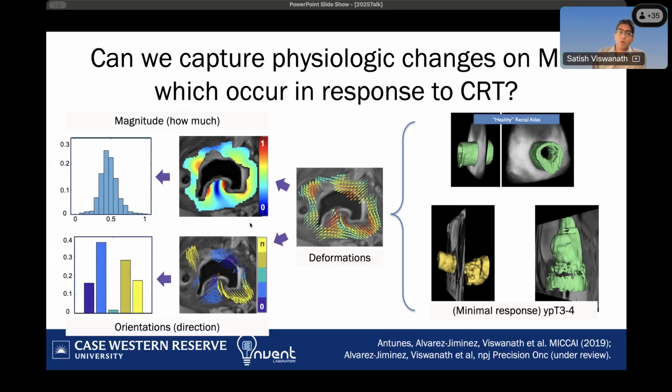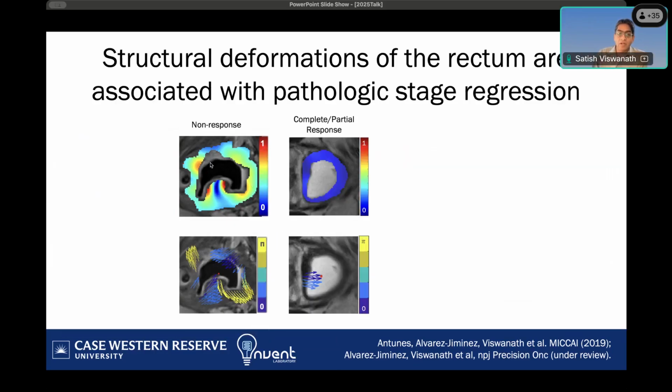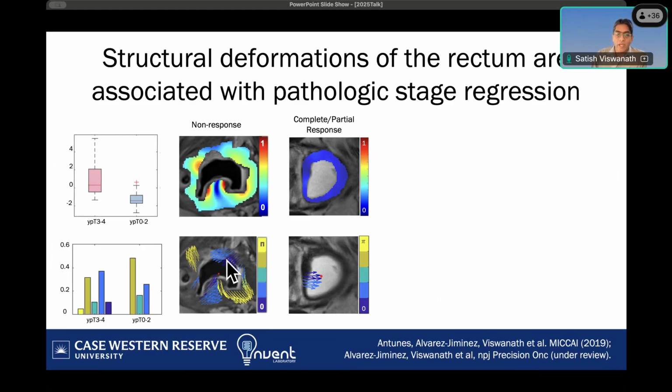Once we extracted those features, if we look at the differences between a responder and a non-responder, what we found was that non-responders tended to have a lot more deformation compared to responders. You can see the blue over here in a responder, much more regular, with deformations mostly going inward, versus non-responders, which tend to be a lot more chaotic, with deformations going inward, outward, in every direction.